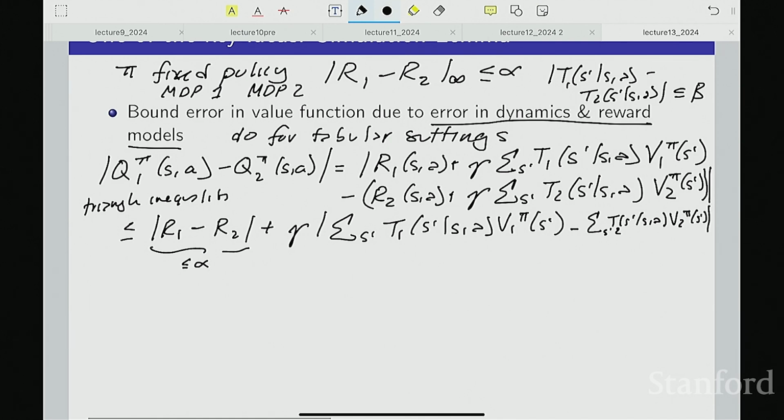So this is less than or equal to alpha plus gamma, and then we're just going to add and subtract some terms. So sum over S prime, and I'm just going to use shorthand here so that I can fit everything. So I'm just going to introduce add and subtract 0.